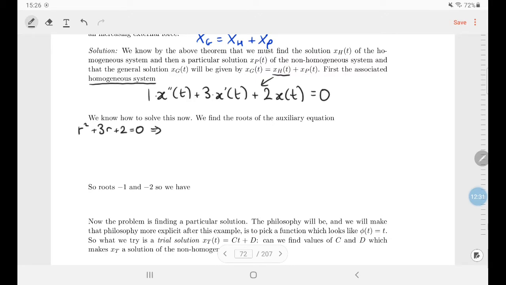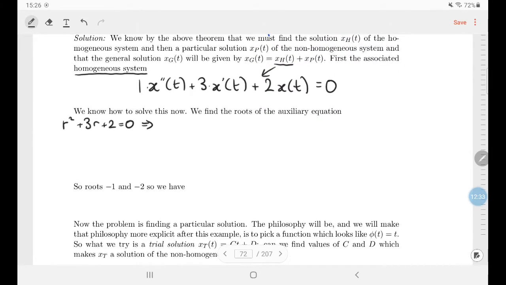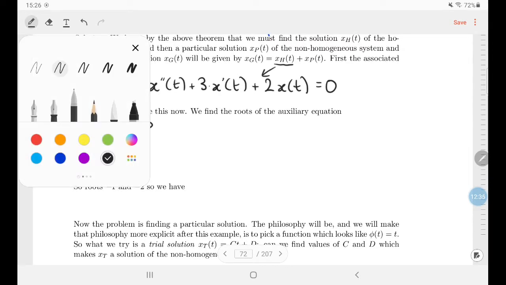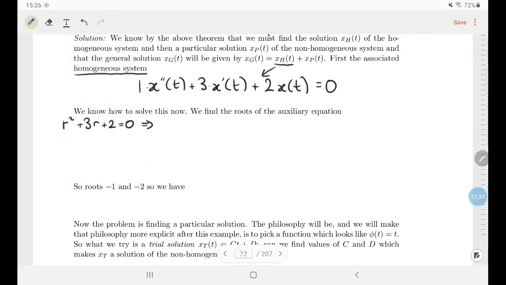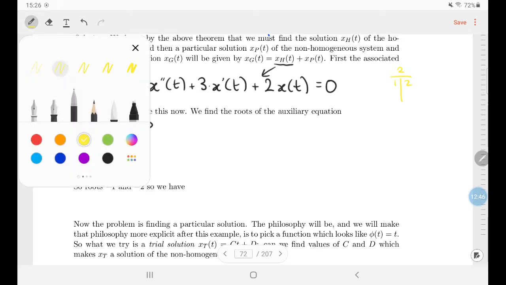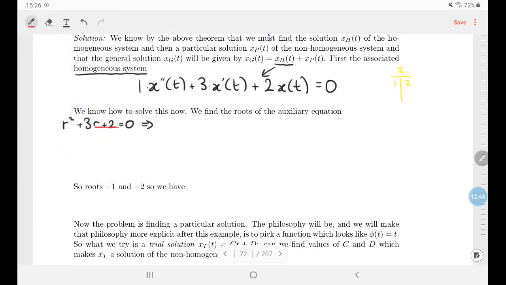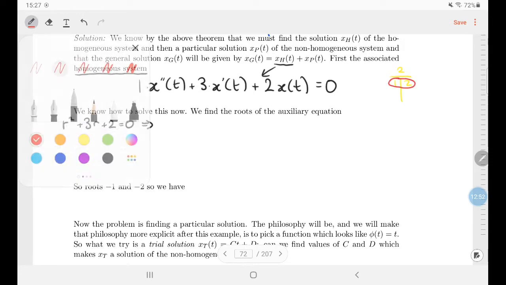I do recommend, because of the next chapter, that we actually factorize these and solve it like that. So I do the a times c, which is 1 times 2, is 2. And look at the factors of 2. I have 1 times 2, 2r I already have. And the question is, can I rewrite the middle term, the 3r, using a pair of those? Oh yes, I can.